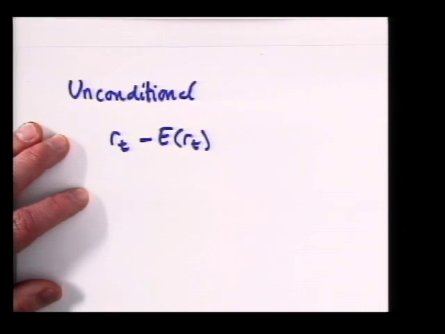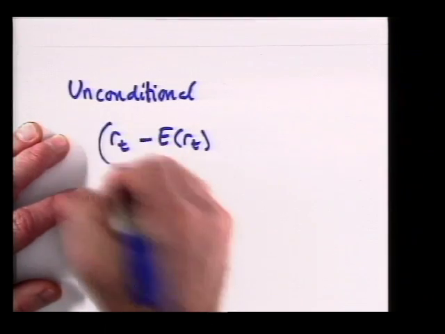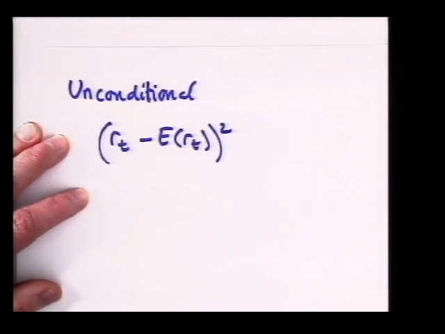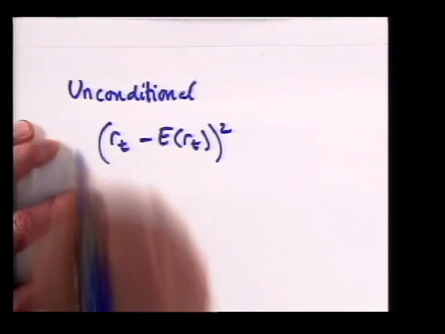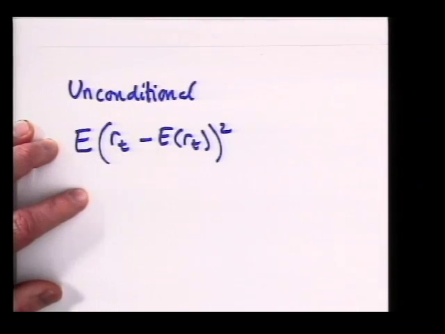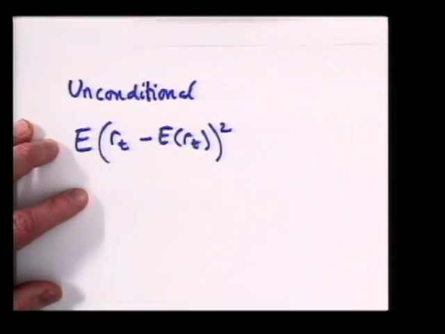Just a sample average. Take this, square it, and then take the average again. That's what you get when you press the variance button in whatever statistics package or Excel.